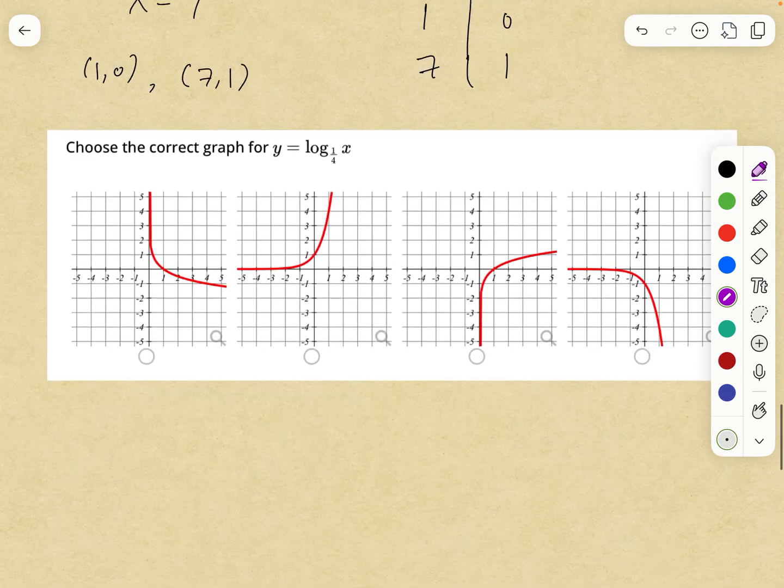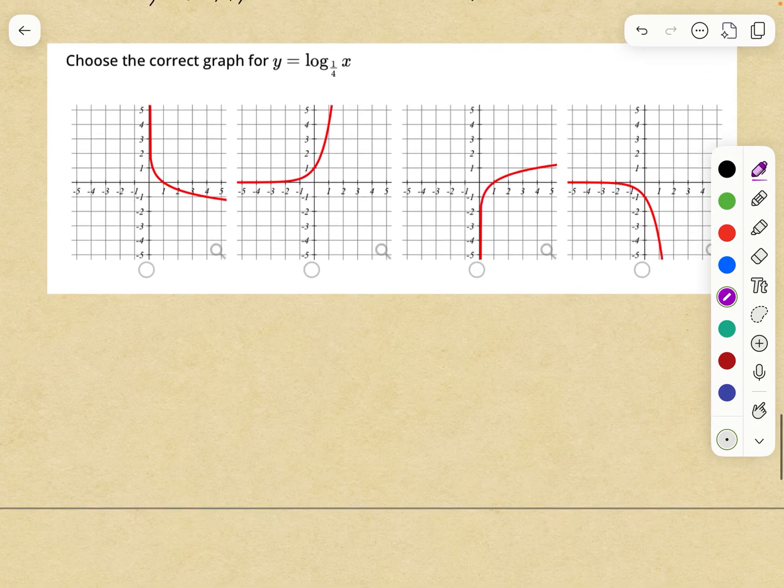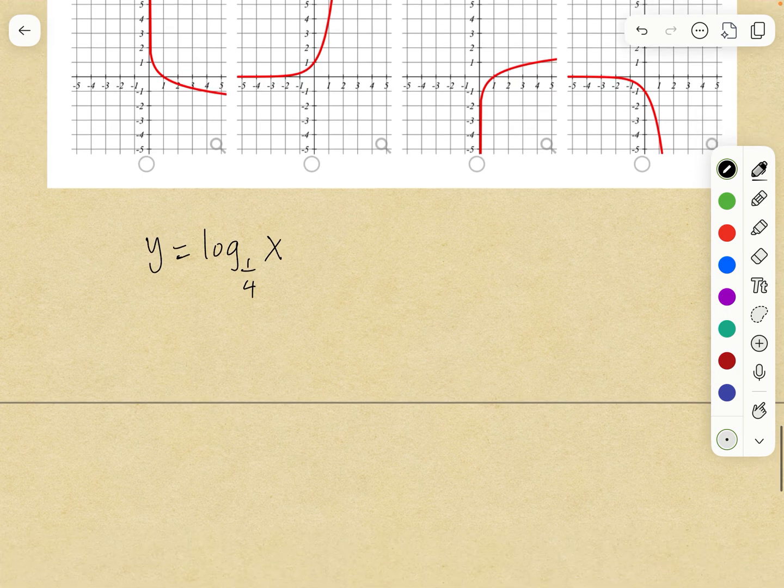Okay, now let's do another one. Choose the correct graph for y equals log sub 1/4 of x. Well, in this case, we have a base that's a fraction. It's between 0 and 1. Let's write this in exponential form again.